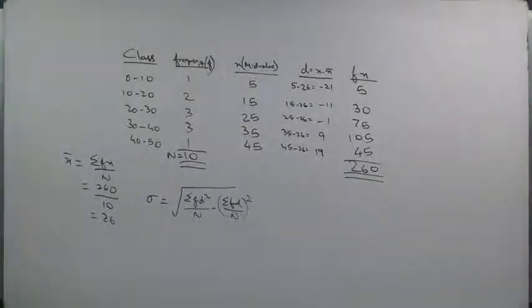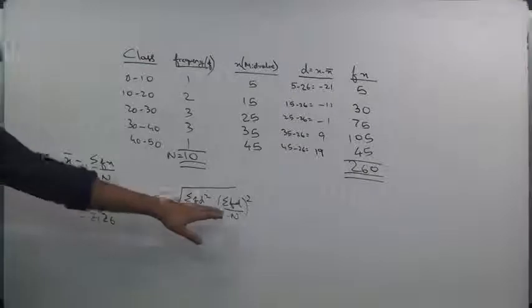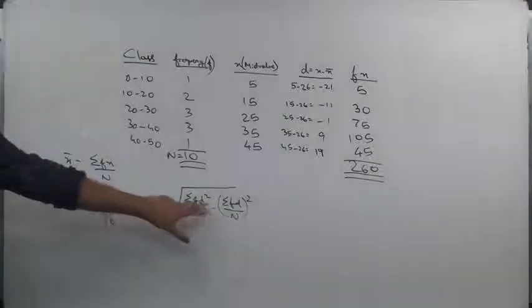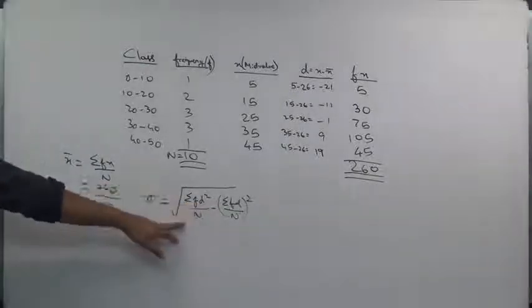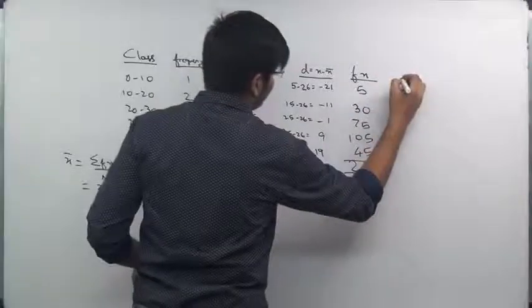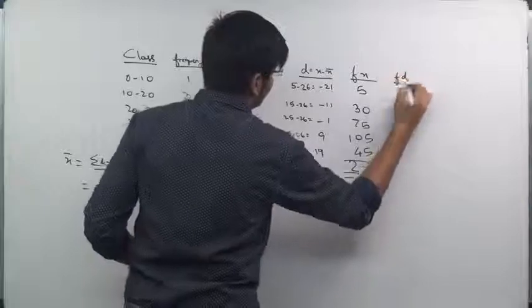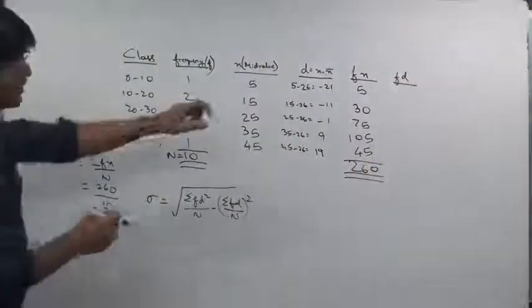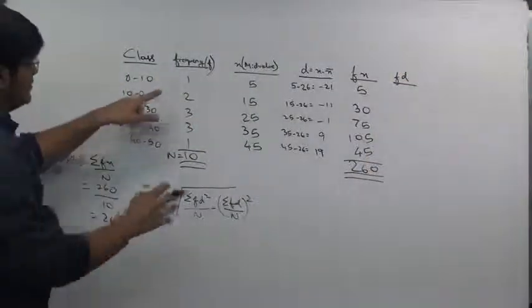So we have D right now. What we require now is FD, D square and FD square. We have capital N. So first, I'll start off with FD. Do not confuse between the columns.